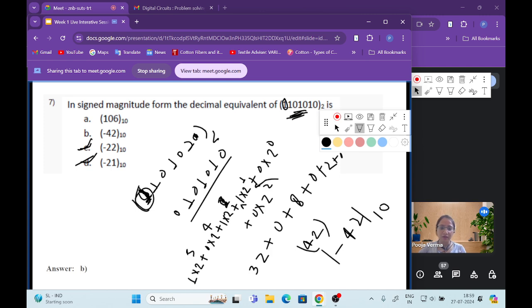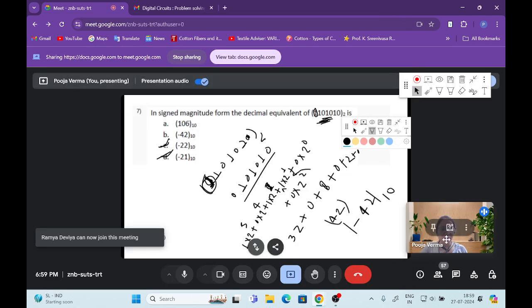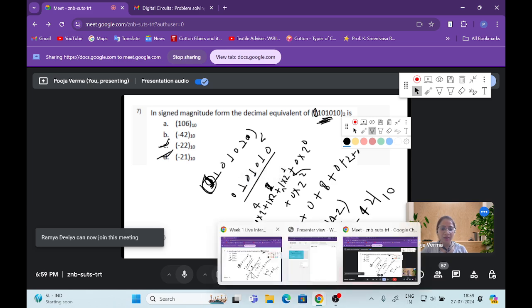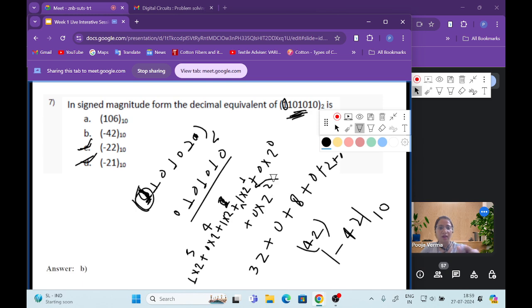You can check it later. They have not asked for ones complement or twos complement, so directly just check whether the MSB bit is 1 or 0. If 1, then take a negative sign and discard it or take it as a 0, and for the remaining bits just calculate the decimal equivalent of this binary number, and take it.